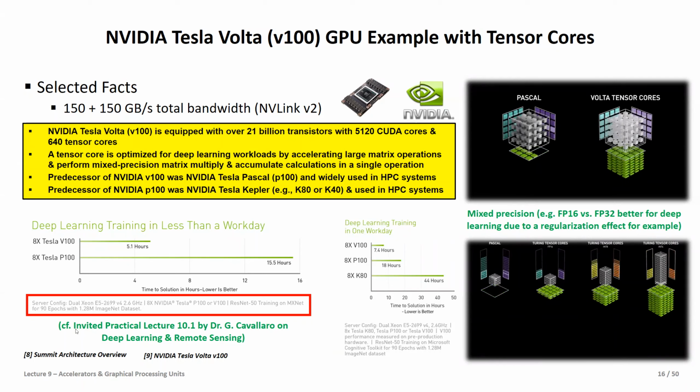So more on this also in the practical lecture 10.1 by Gabriel Cavallaro, for instance, and you see this compared to Kepler architectures, Pascal architectures, now the Volta is really breaking down the deep learning training time significantly, what used to take a lot of time before.